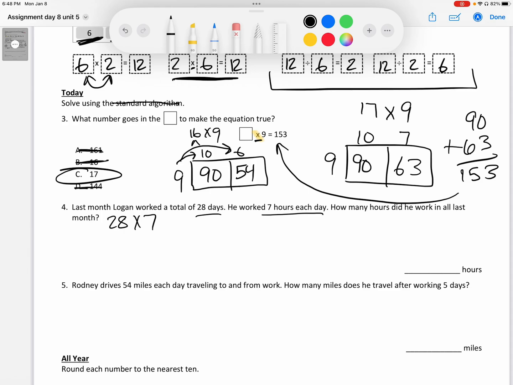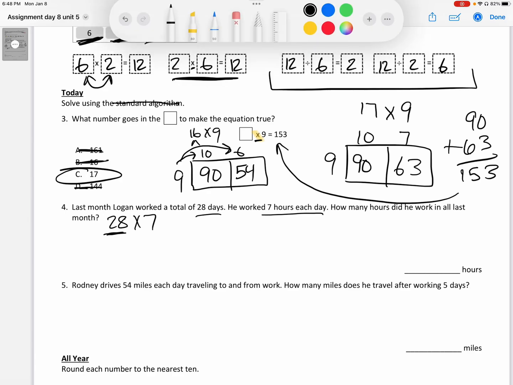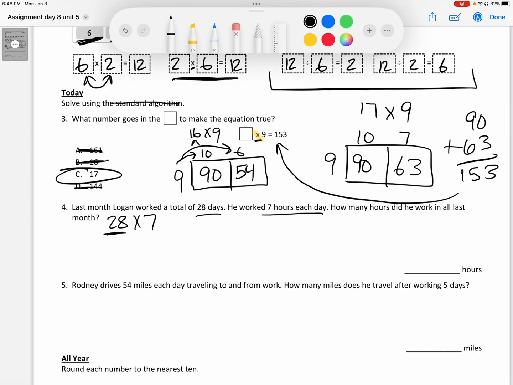To solve this using partial products, you're going to take that 28, your 2-digit number, and you're going to decompose it just like we did in problem 3. 28 is going to decompose into 20 plus 8. From there, we need to multiply both parts of 28 by 7, because this tells me 28 multiplied by 7. So when I decompose this, I still have to multiply every part of it by 7.